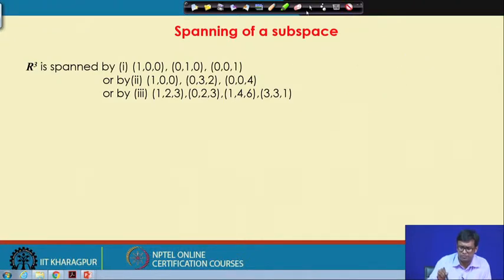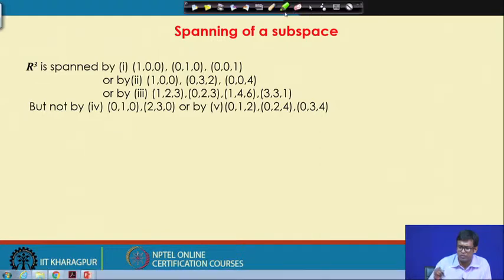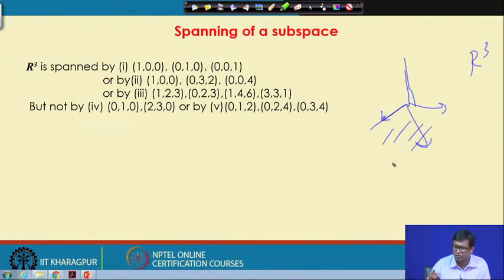In case we have the vectors 0 1 0 and 2 3 0, in the same R3, I can only define any vector belonging to this particular plane.